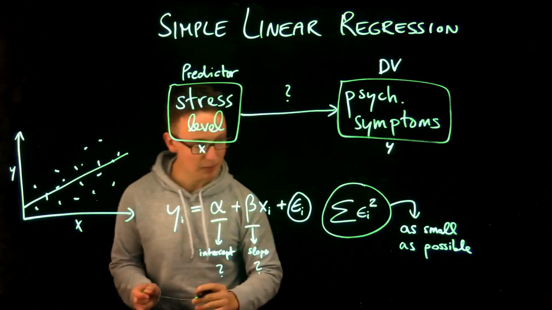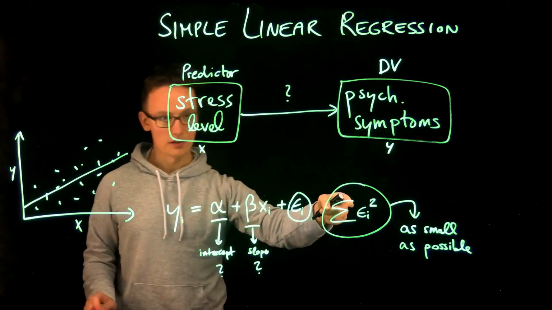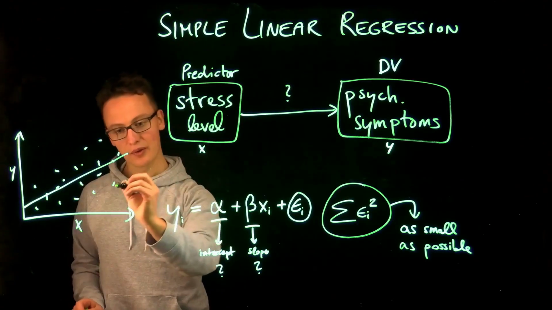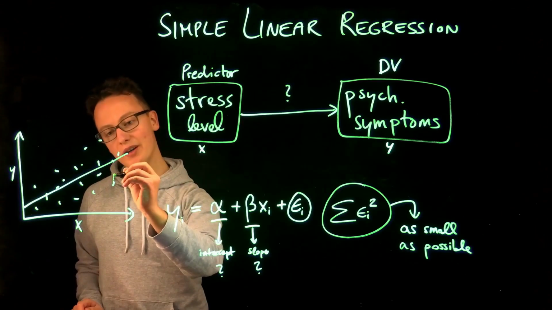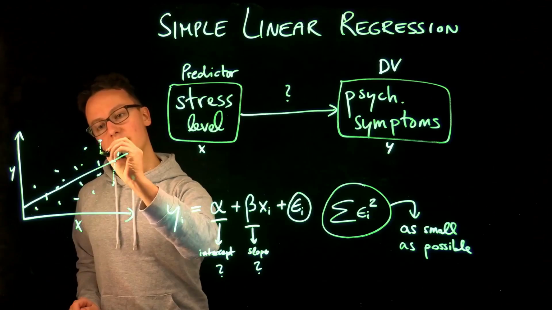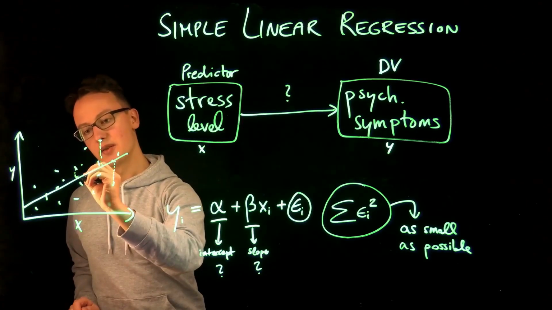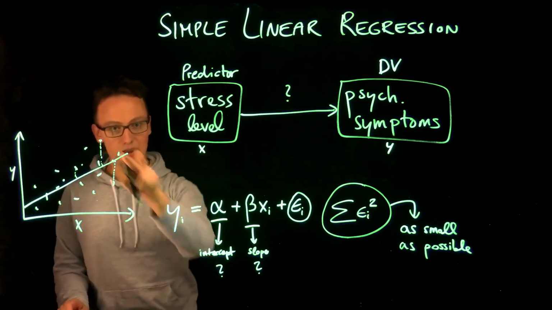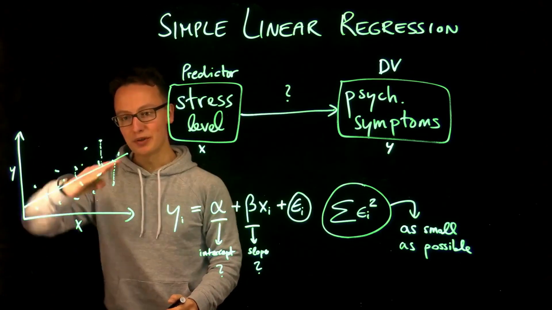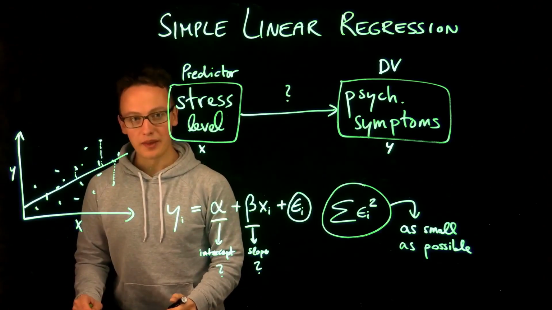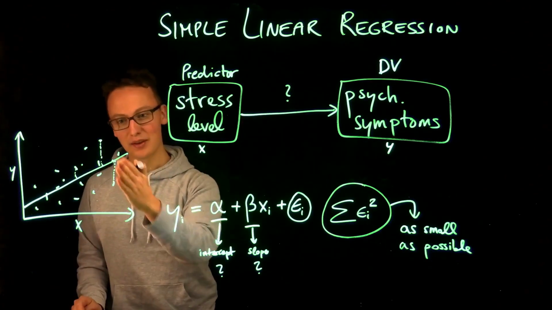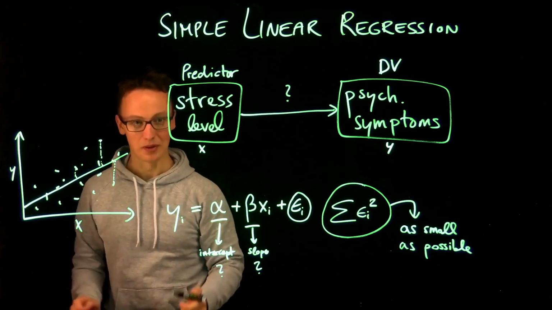Best fitting means that the sum of squared residuals is minimized, and a residual, for example for this data point, is how far it is from this best fitting line. This data point is this far away, and this one is a bit closer. If we sum all of these together, or actually their squares, we want the line that goes most smoothly through these points, because the residuals are as small as possible, okay?